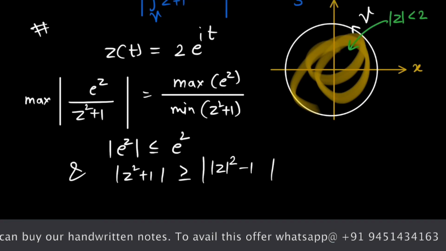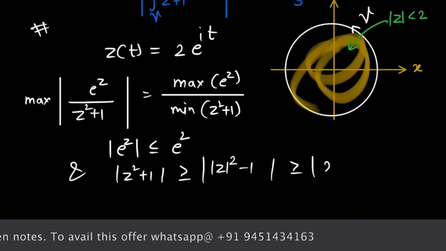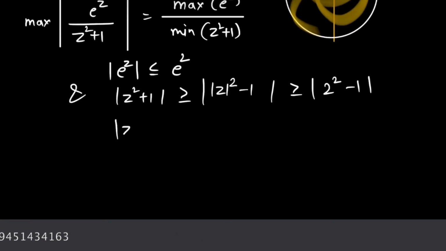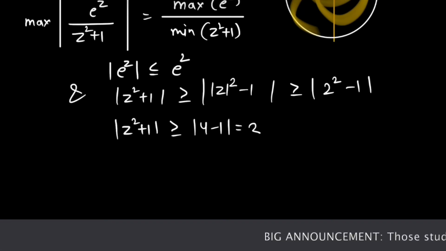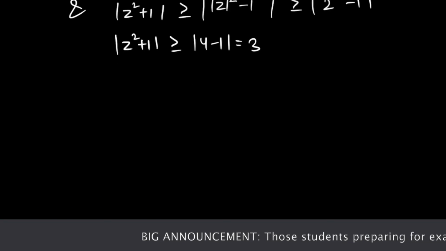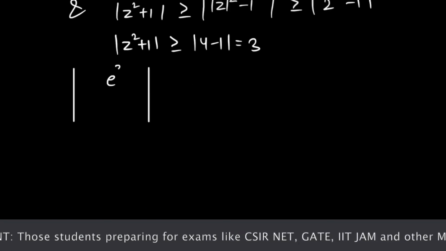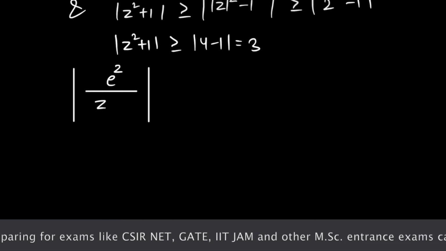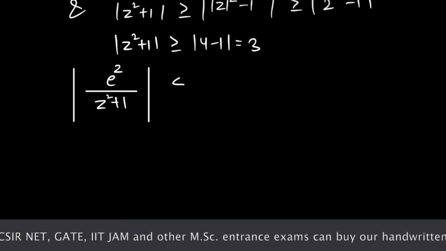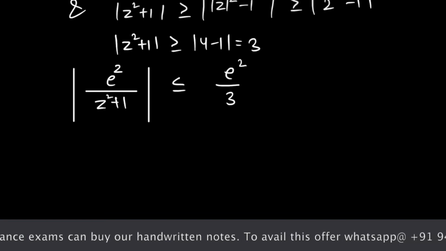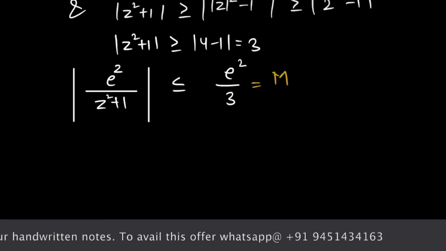And this will be 2 squared minus 1, so the modulus of z squared plus 1 will be greater than or equal to 4 minus 1, that is 3. So now the modulus of e raised to power z over z squared plus 1 will be less than or equal to e squared over 3, and this is our capital M.